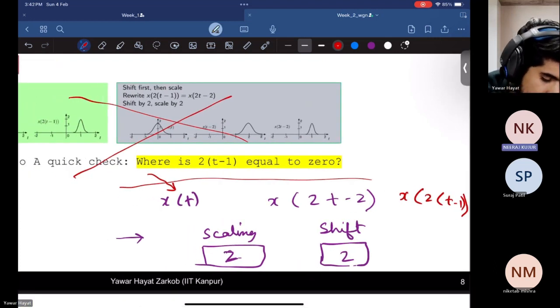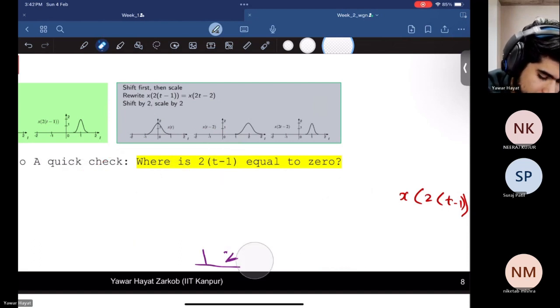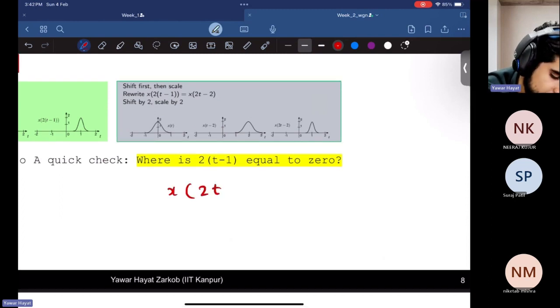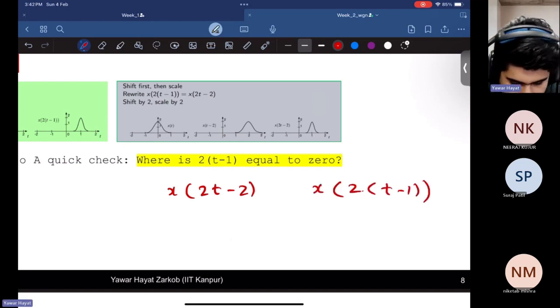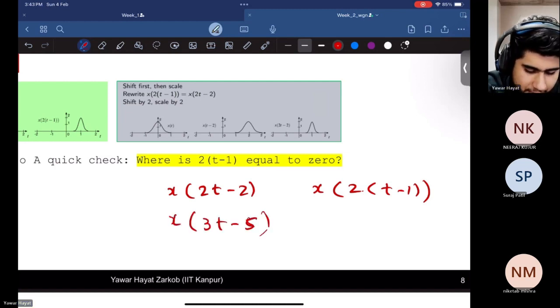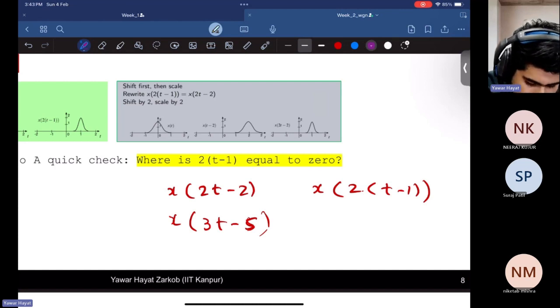If you are given a signal in this form, x of 2t minus 2, you would first write it in this form, right? I mean, take out a factor if it's common. For example, even if I had 3t minus 5, what would you do? You take out this 3 factor, right?